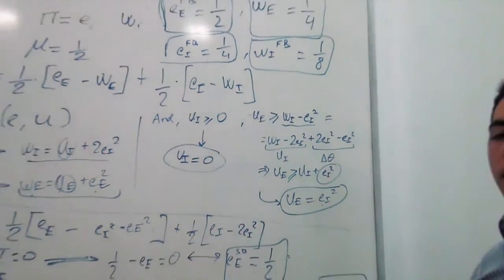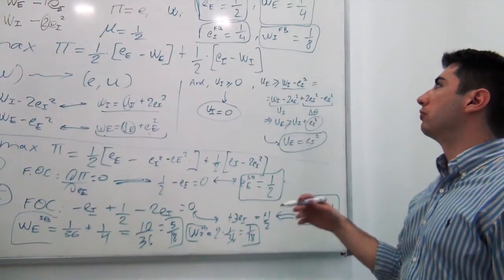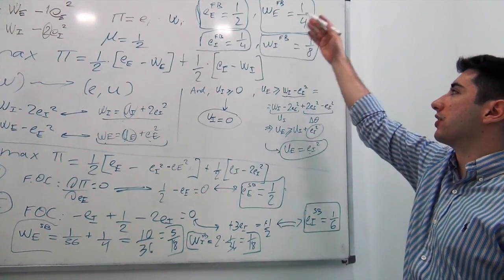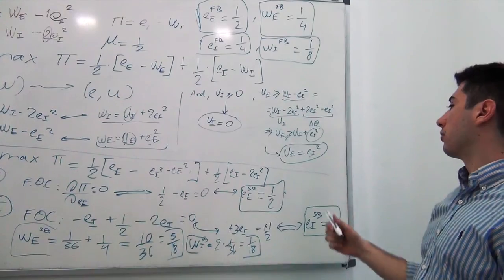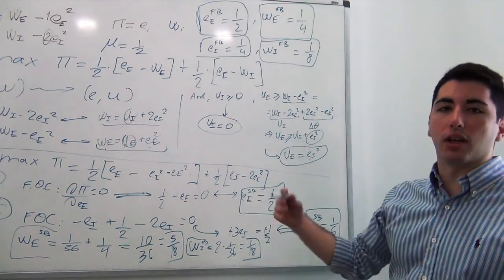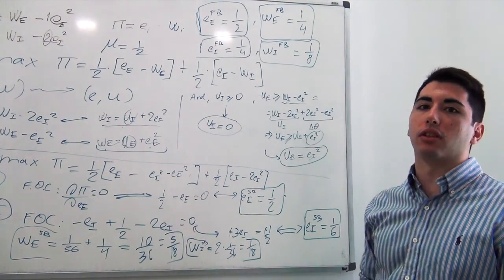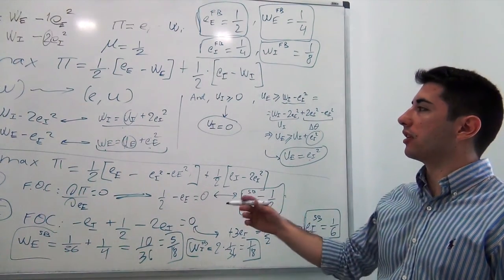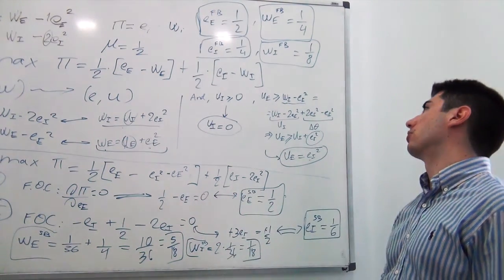So we can right now compare the effort levels and the wages in the first best with the second best, and from here we can derive some fundamental conclusions, some properties that always hold in any adverse selection problem.